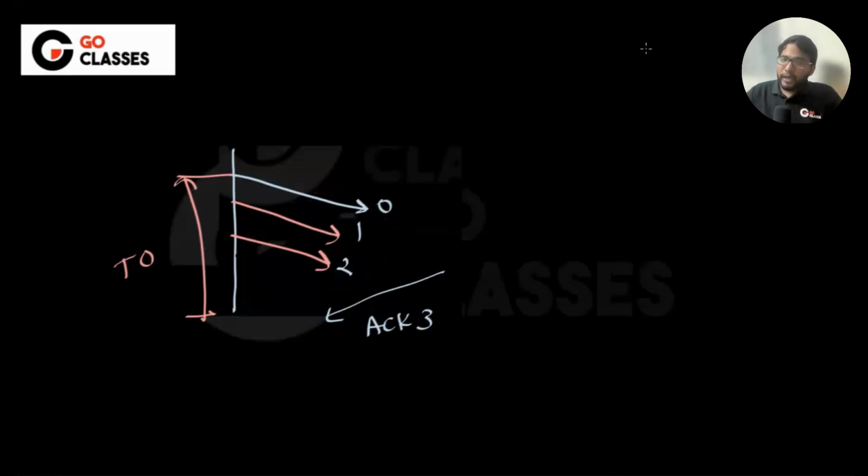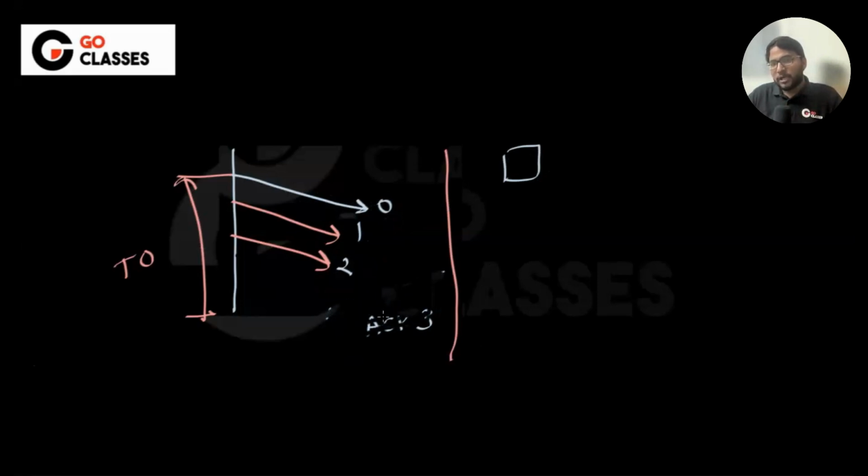Now, can you tell me what was the receiver window size here? Receiver is just waiting for one packet, right? Now, suppose I'm sending packet number 0 and packet number 0 has arrived. Now, the receiver will be waiting for which packet?